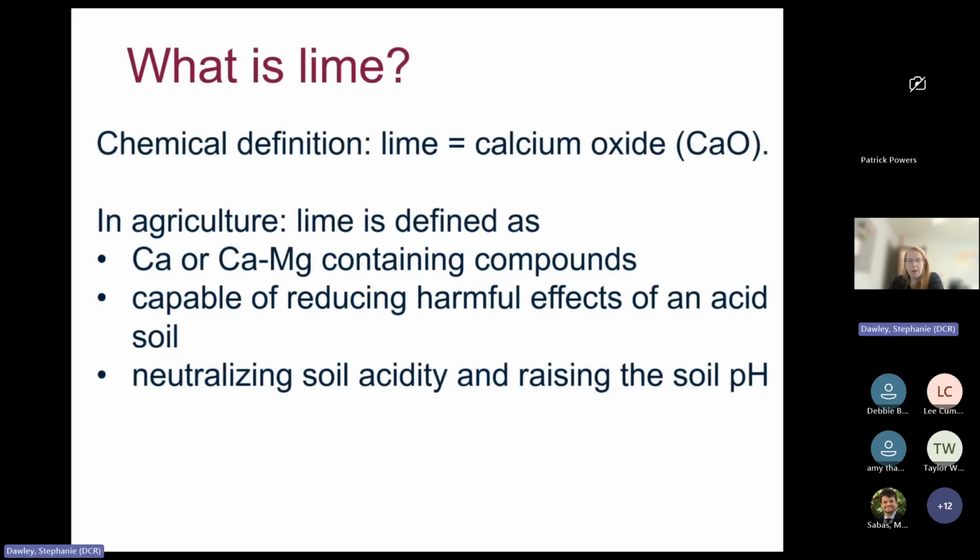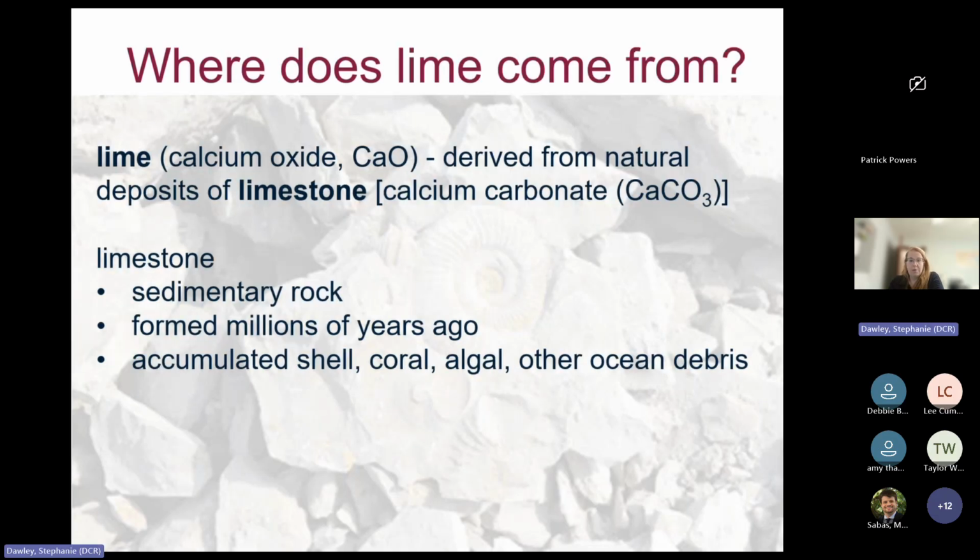So what is lime? The chemical definition of lime is calcium oxide, that's CaO. In agriculture, lime is defined as either having calcium or calcium magnesium compounds. It's capable of reducing the effects of acidity and neutralizes that soil acidity and raises the soil pH. Where does it come from?